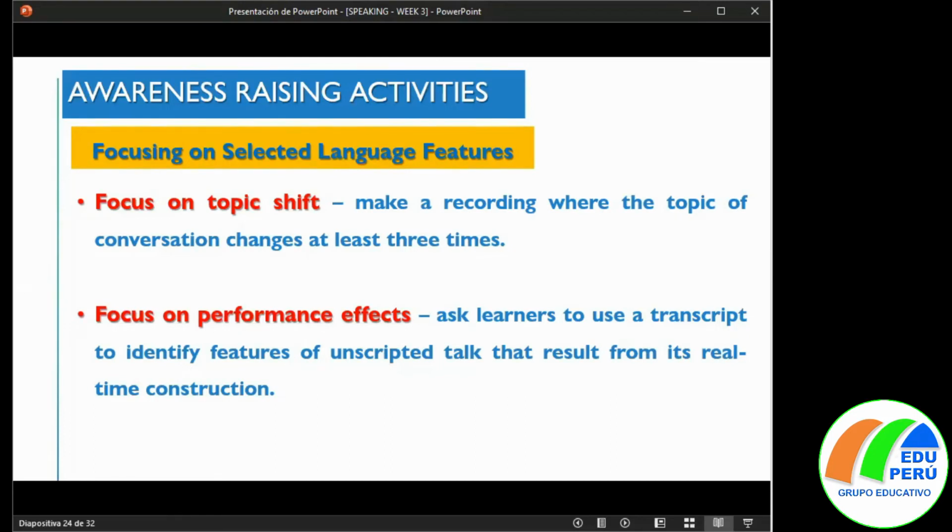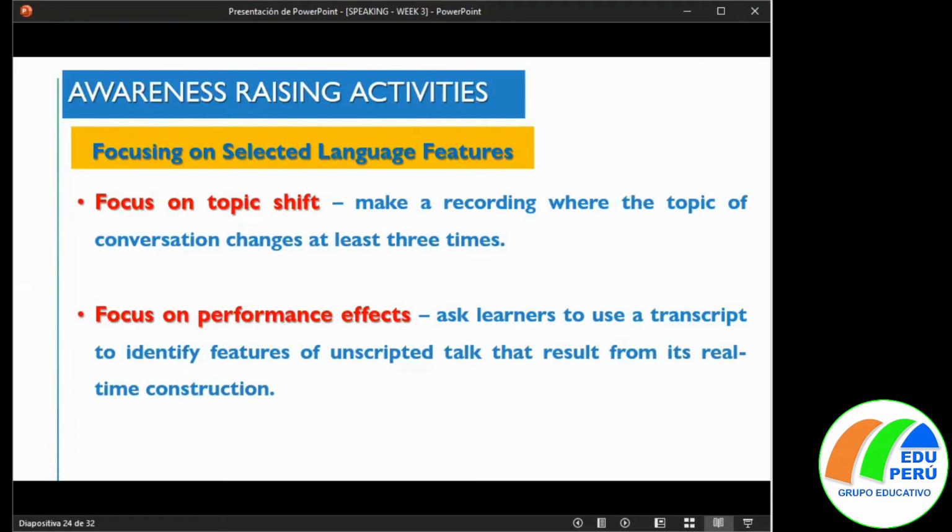So they need to identify characteristics that maybe are not in the transcript. That's why here it says unscripted talk. But it's a result from its real-time construction. So that's why here's the performance effects.